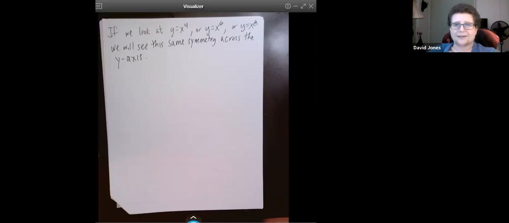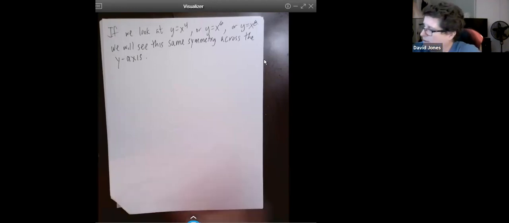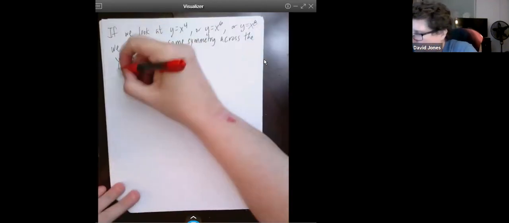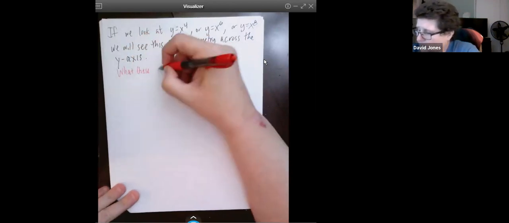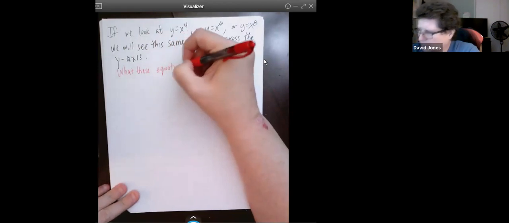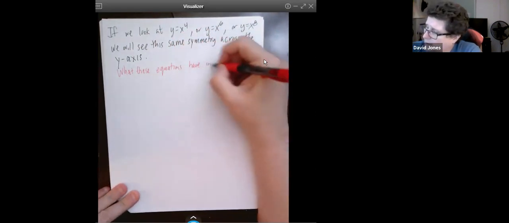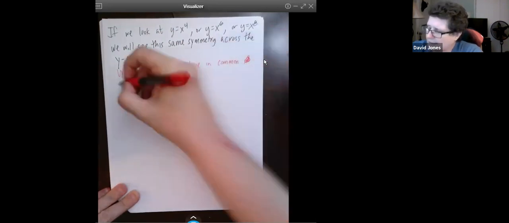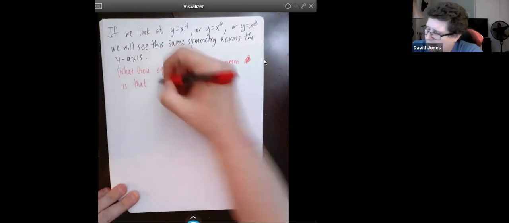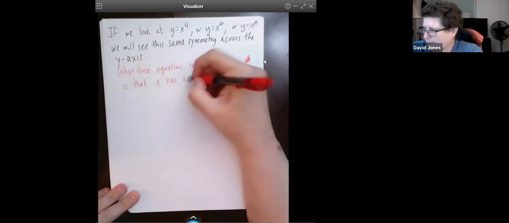Having all of them on there though, a little confusing, a little hard to read. But what do these graphs have in common? What these equations have in common is that x has an even exponent.